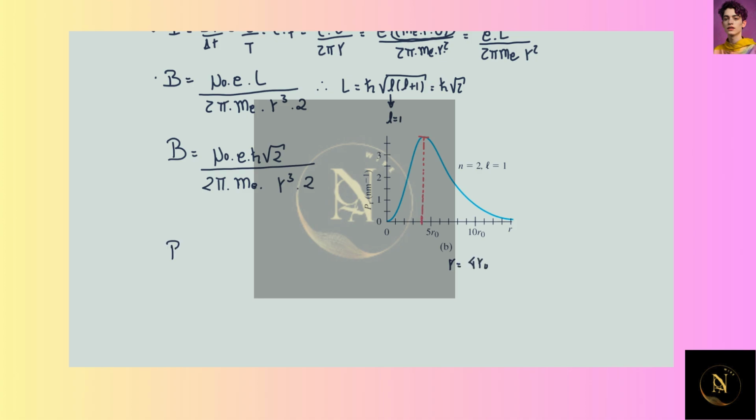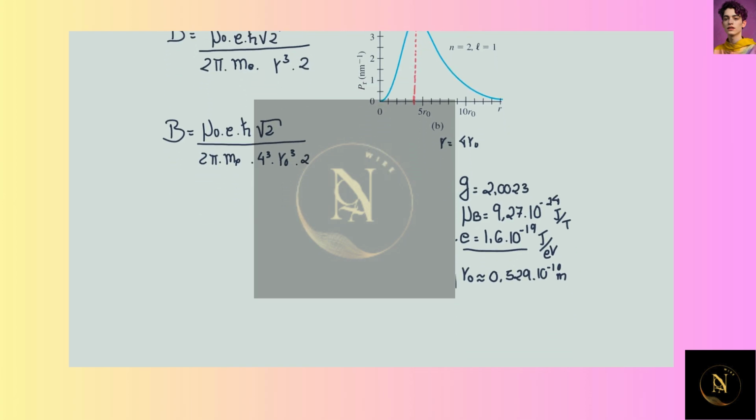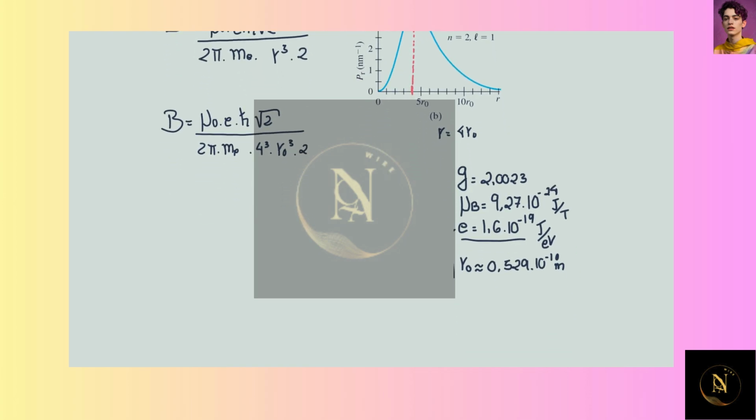Therefore, the magnetic field is given by mu0 times e times h bar square root of 2 divided by 2 pi me times 4 to the third times r0 to the third. But first note that e times h bar divided by 2 times me is equal to mu B.